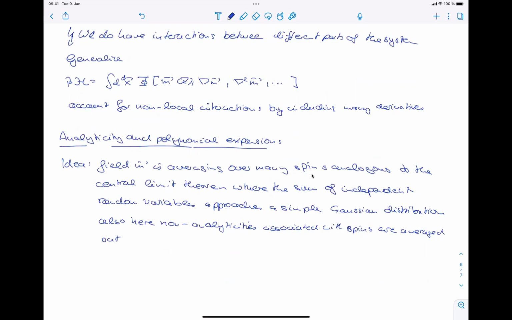And so this allows us to get rid of any non-analyticities. We know that we have analytic functions, and thus we can expand this function of phi in powers of m and its gradients.